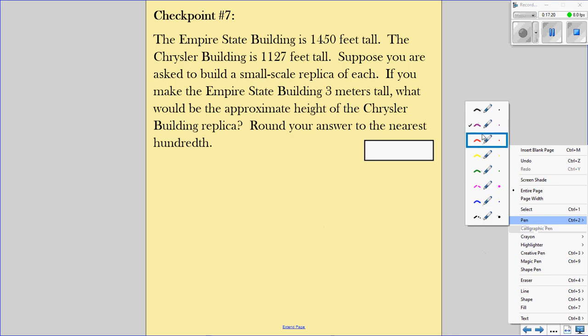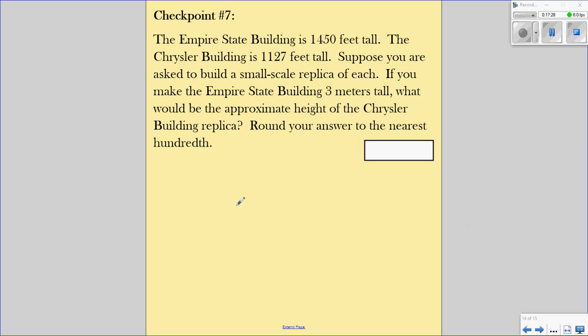So in order to get the Chrysler to its model scale, to make it proportional, I'm going to use blue for this one. You need to find out how the Empire State Building model relates to the actual one. You have to find the scale for it. So we know that the Empire State Building is 1450 feet tall, and you made it 3 meters tall.